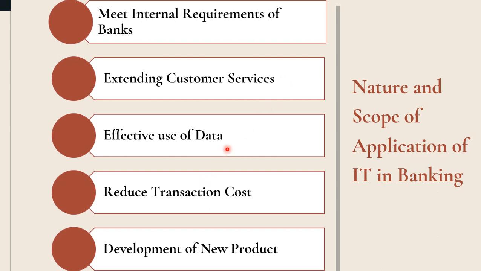The third point is about effective use of data. The use of data is very essential for future predictions and making plans for the further development and expansion of the banks.